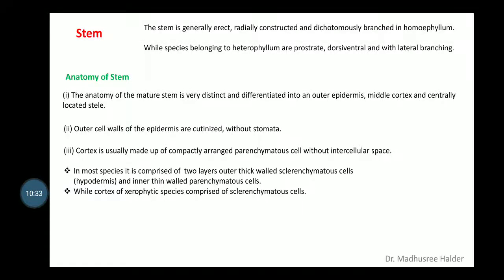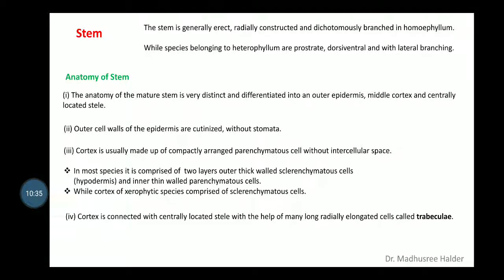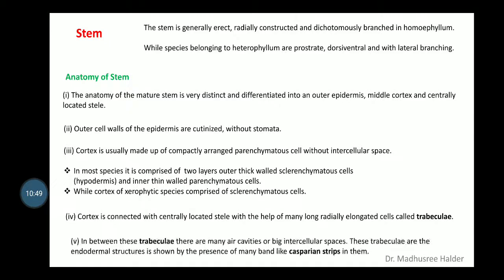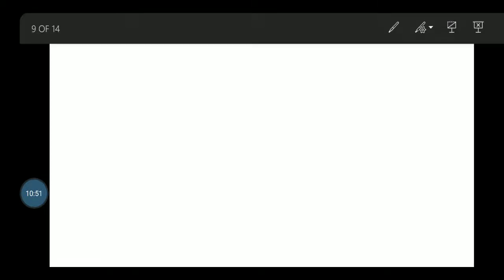Next thing is the trabeculae. The cortex is actually connected with the centrally located stele with the help of some radially elongated cells known as trabeculae, and actually the trabeculae has the Casparian strips.